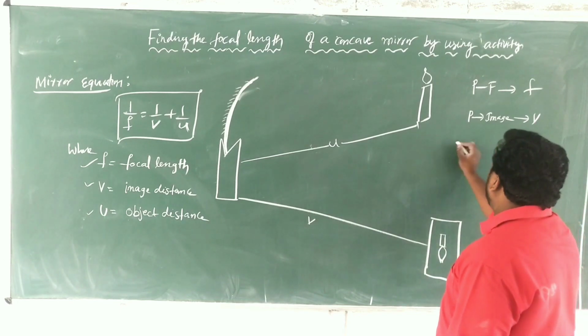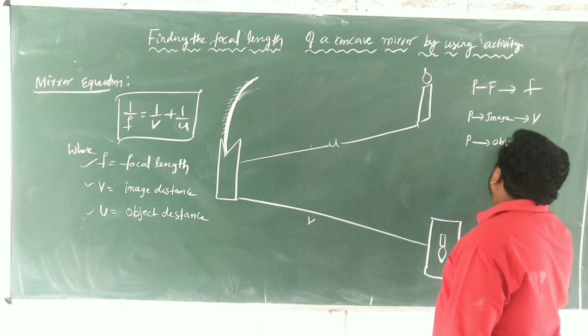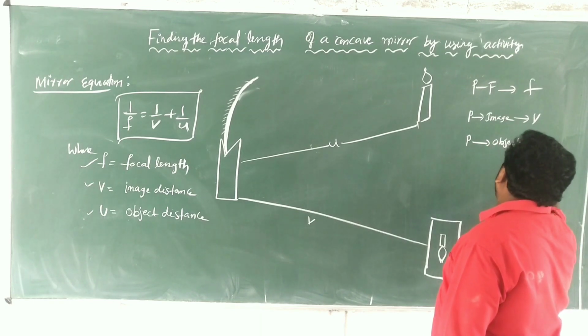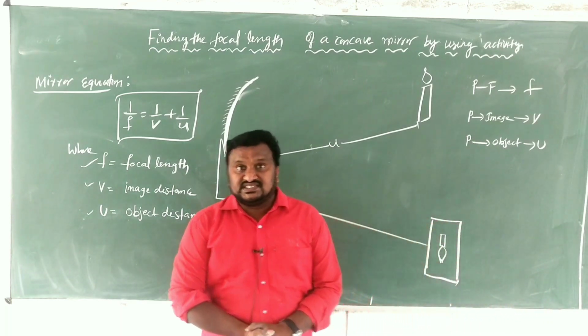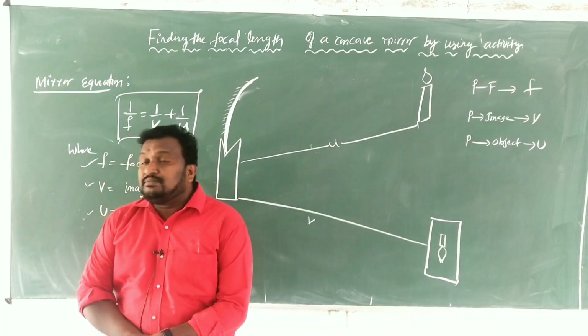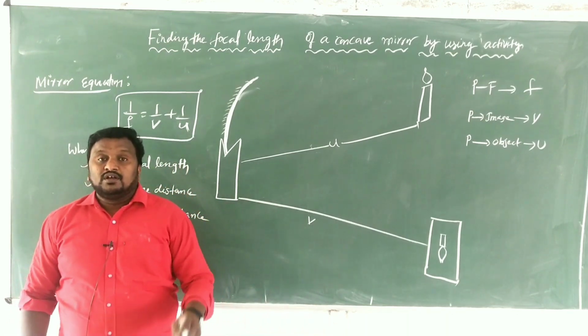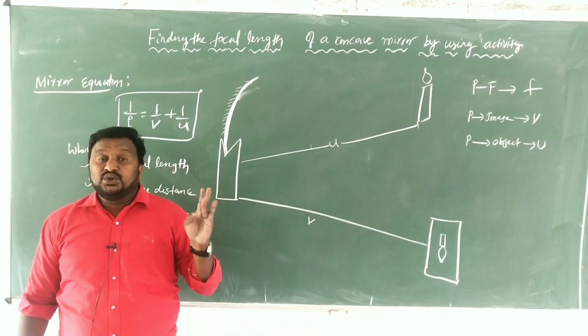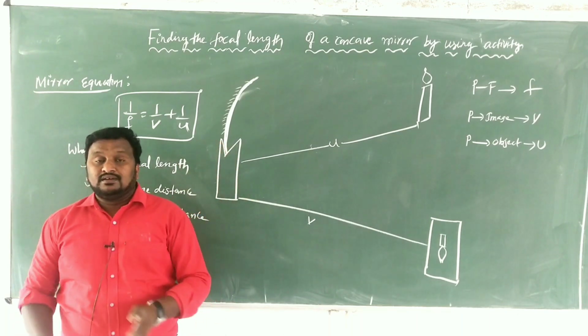And the distance from the pole to the object is called the object distance. Object distance is denoted by the capital letter U. V means image distance, U means object distance, F means focal length.